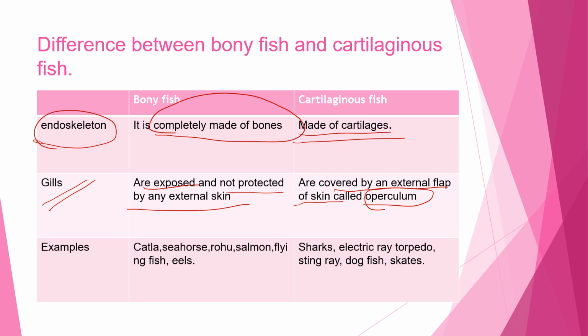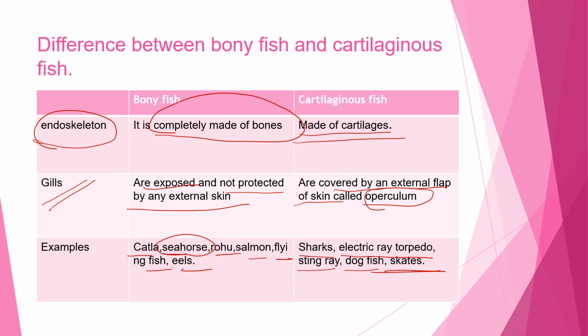Let us come to the examples of bony fish. The main examples are katla, seahorse (though the name is seahorse, it's a bony fish), rohu, salmon, flying fish and eels. Now when we come to cartilaginous fish, the examples are sharks, electric ray torpedo, stingray, dogfish and skates.